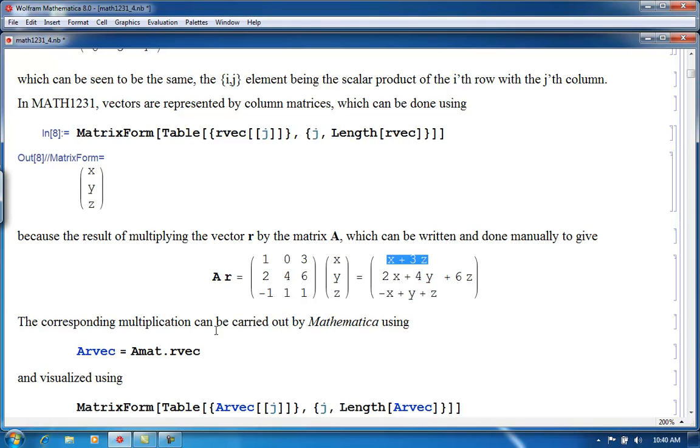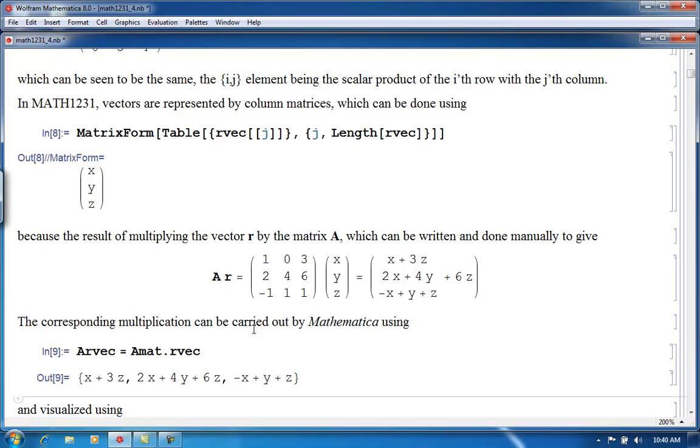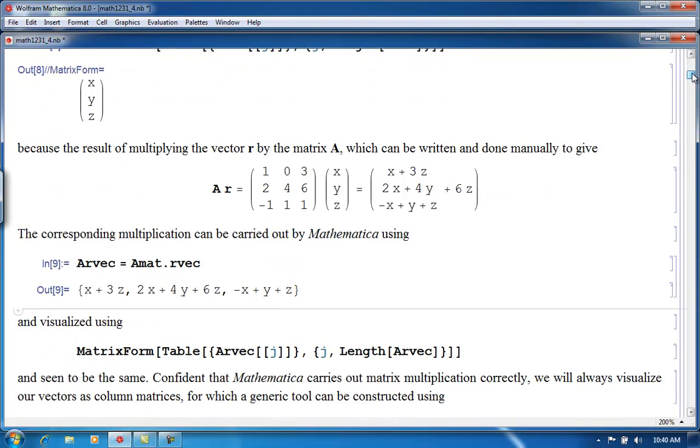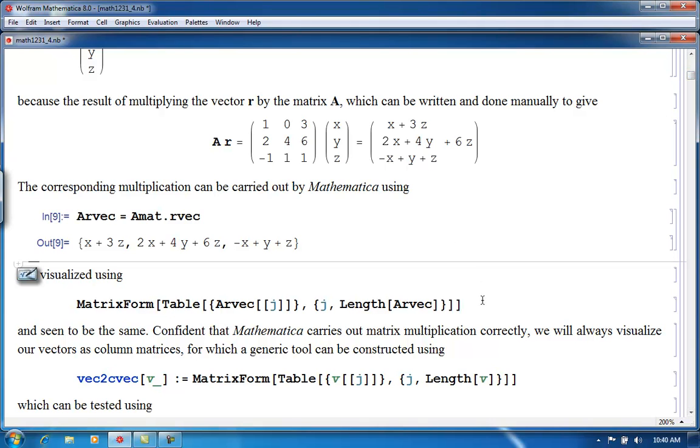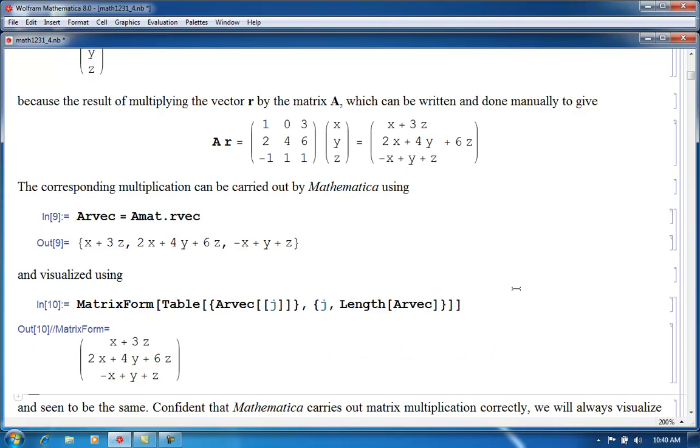Well, the same corresponding multiplication can be carried out by Mathematica using this. So we just multiply the matrix by the vector, and we'll see in a minute that this can be visualized in matrix form like so, and it's the same as we got up here.